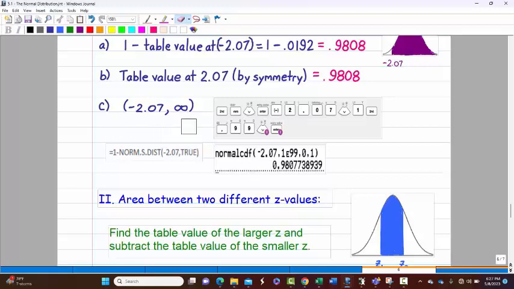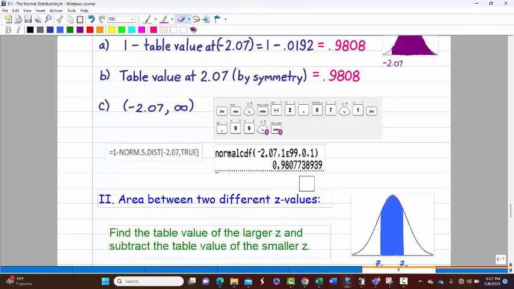It means that number to positive infinity. So it's negative 2.07, comma, 1E99, and then the 0 and 1, not necessary.